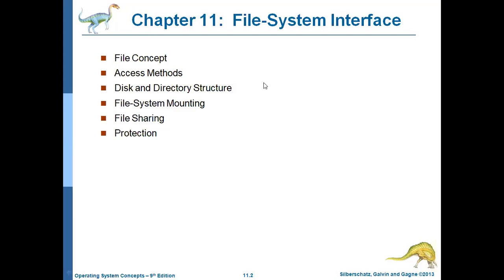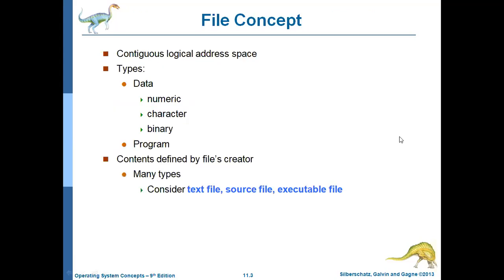Firstly, when I am speaking about the file concept, a file is a collection of related information that is recorded on secondary storage. A file is a sequence of bits, bytes, lines, or records, the meaning of which is defined by the file's creator, the one who is going to demand it.